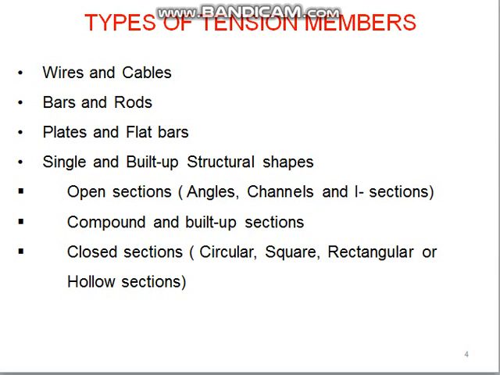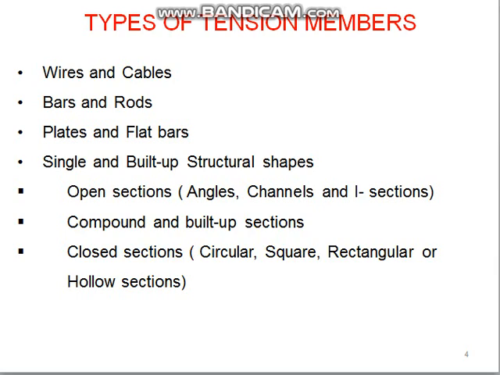The next one is single and built-up structural shapes. It includes open sections like angle section, channel section and I section. Second one, compound and built-up sections such as double angle and double channel with or without additional plates and jointed with some connecting systems.